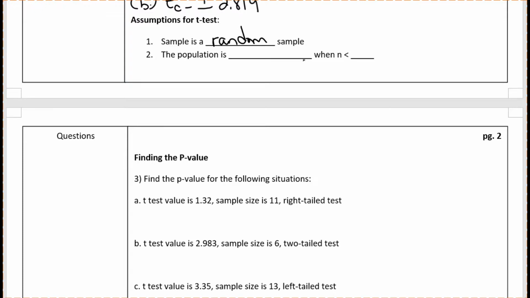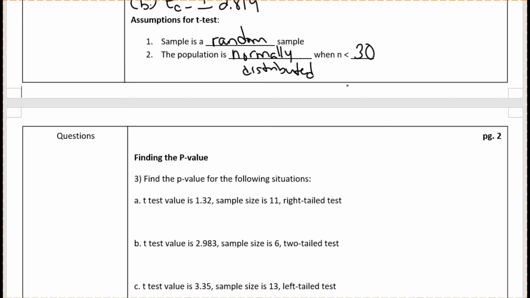The population has to be normally distributed if your sample size is less than 30 for using the t-test. So those are our two main assumptions here.